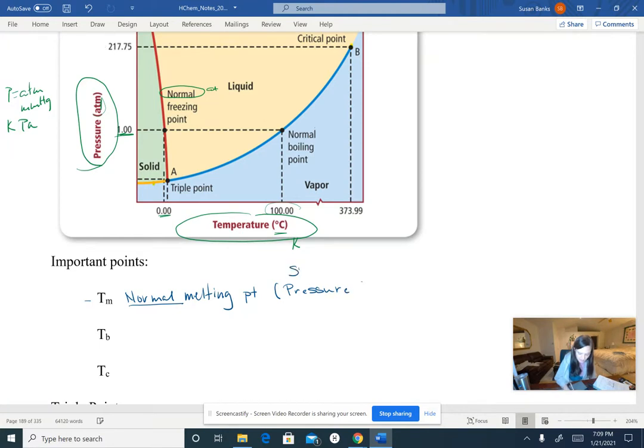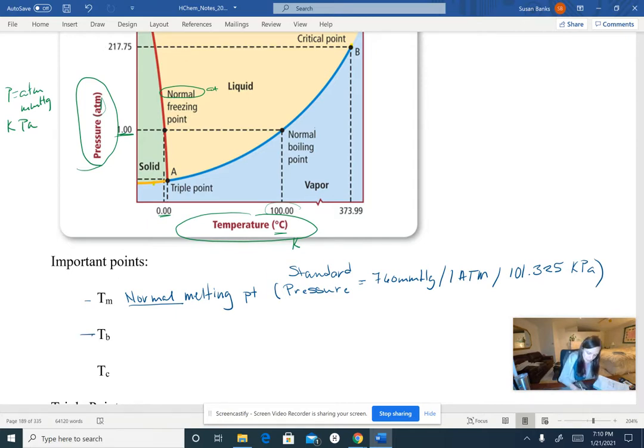So this is at standard pressure, which is equal to 760 millimeters of mercury, or 1 atmosphere, or 101.325 kilopascals. Okay? A standard pressure.